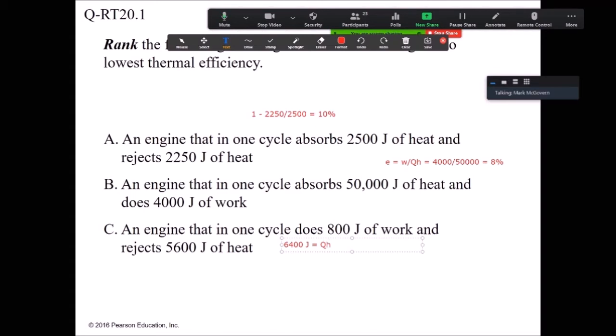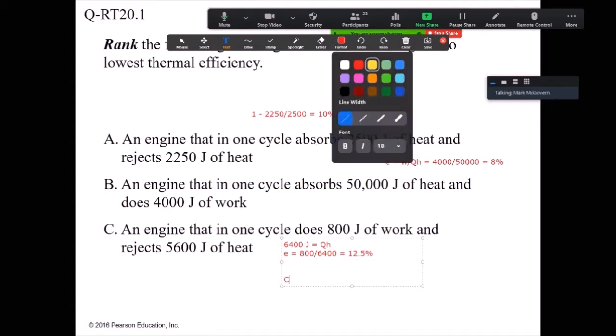All right, so that means the efficiency here, ooh, this looks like a good efficiency, right? Work over the hot reservoir, that's 1/8, which is around 12.5%. So it looks to me that C is the best, followed by A, not so pathetic, and then B is the real sad one. B is the sad one.